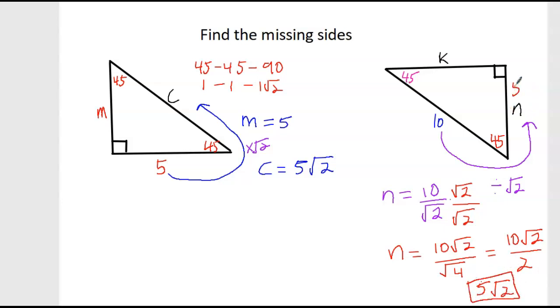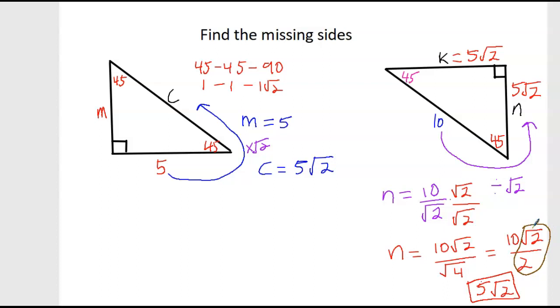So we have 5 root 2 as an answer. So that means n is 5 root 2, and k is congruent to this one, so it's also going to be 5 square root of 2. In the near future, if you have been given a question, now that we have rationalized it, we can generalize that anytime we are looking for one of the legs in the special 45-45-90 triangle, we are just multiplying by square root of 2 over 2.